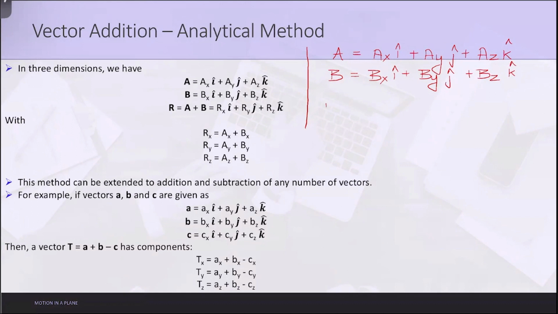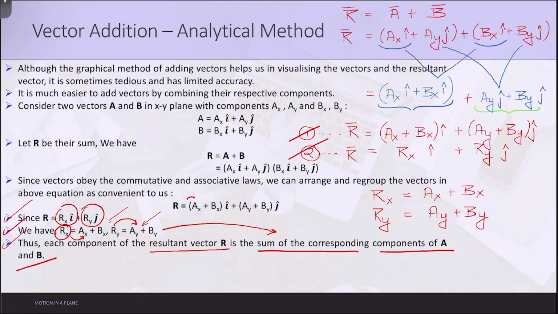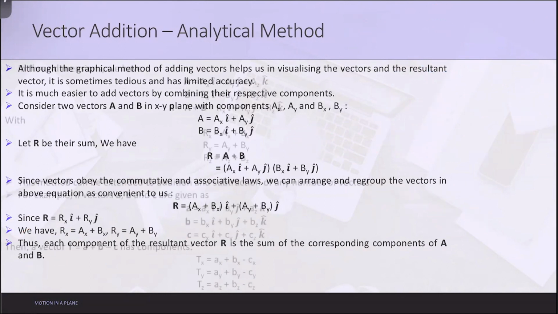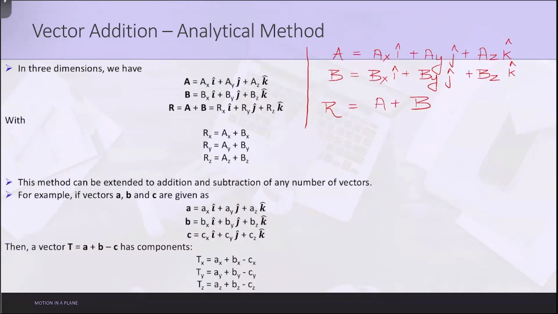Now, if you need to calculate the value of R, which is equal to A plus B, what was the thing we concluded in the previous discussion? That each component of the resultant vector R is the sum of the corresponding components of A and B. So we will add all the components in the X direction, all the components in the Y direction, and all the components in the Z direction.